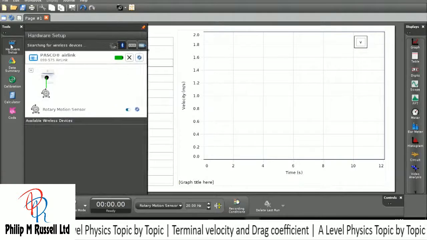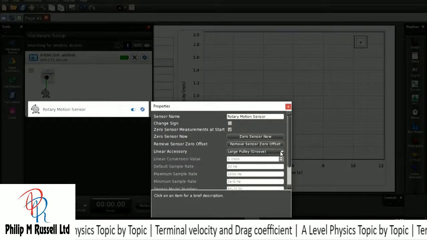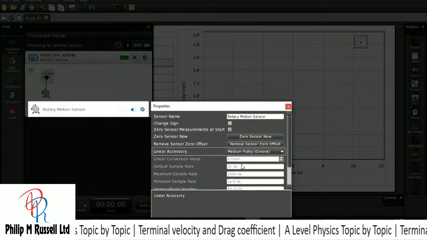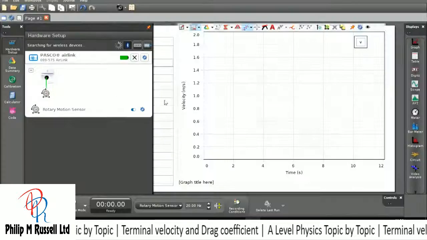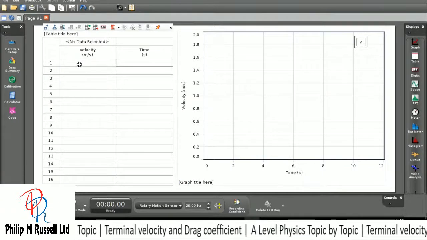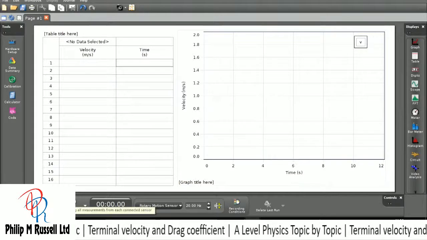So let's change our hardware setup here, and I'm going to use the medium pulley. That way the system will know what I'm doing. So we've got our medium pulley set up, and I'm going to start to record what happens.